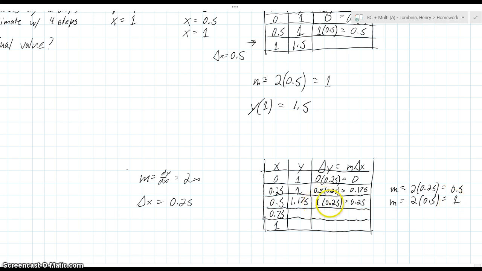So that's our change in y again, and then we're going to add it onto here. So we have now 1.125 plus 0.25, doing the math in my head, is going to equal, I believe, 1.375.